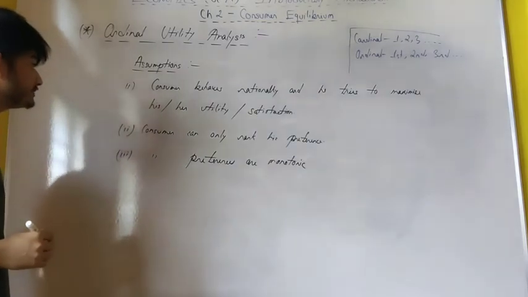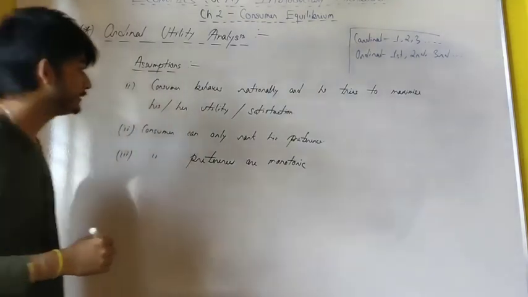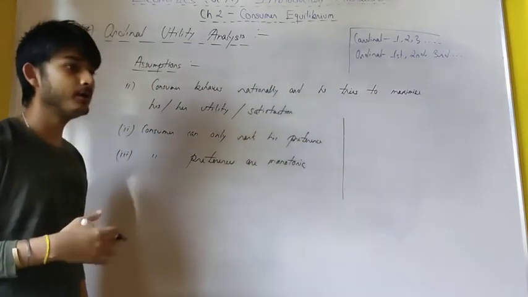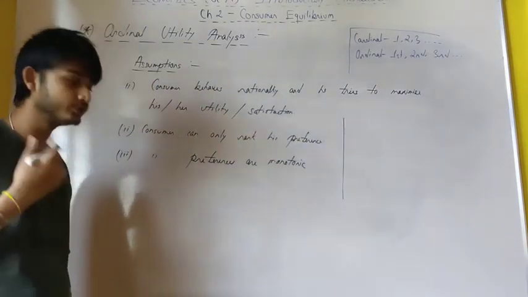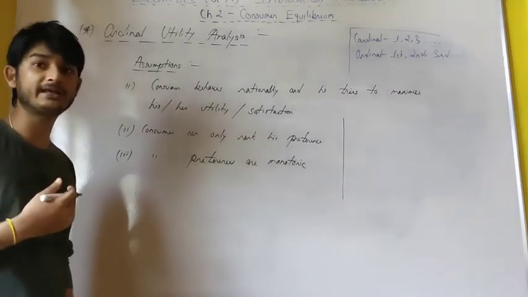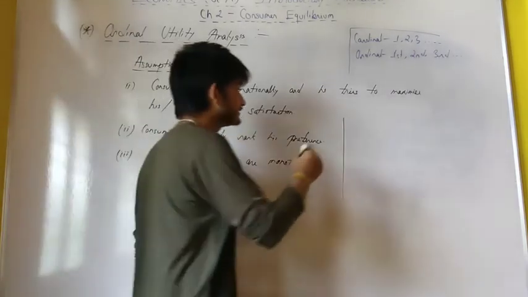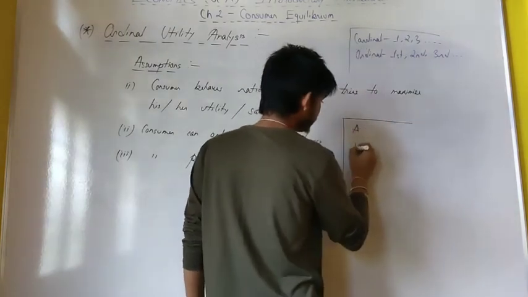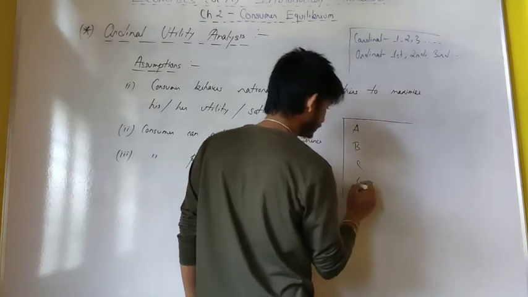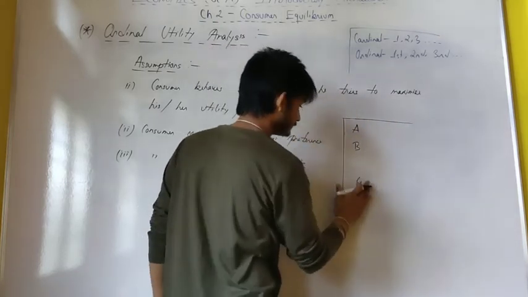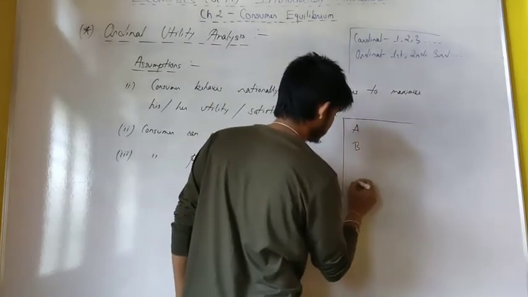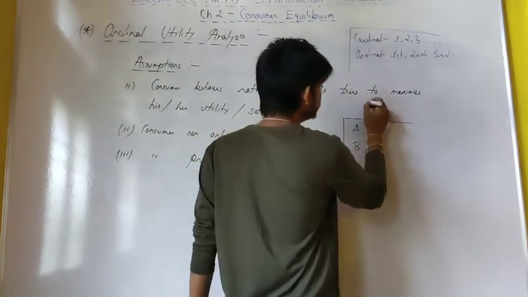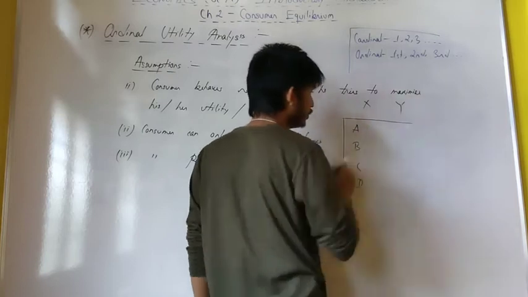The consumer preferences are monotonic means that the consumer wishes to buy more of the commodity and wishes to choose more of the commodity and no less of the other commodity. Suppose I am giving you one example. We have 4 combinations we can choose from, and we have 2 goods X and Y.